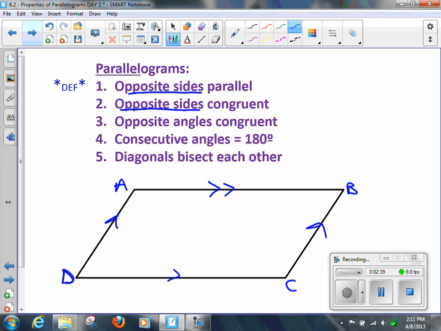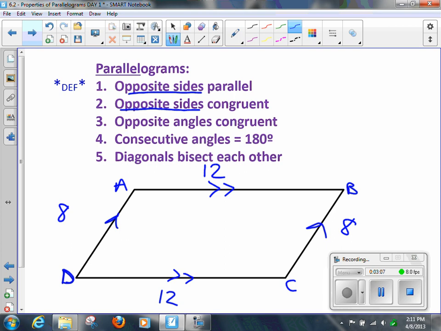Now, the way I'm going to put this on here is I'm going to use side measures. If side AB is 12 meters, then what is the length of side DC? 12. And if AD were 8, then what would BC be? It would be 8.